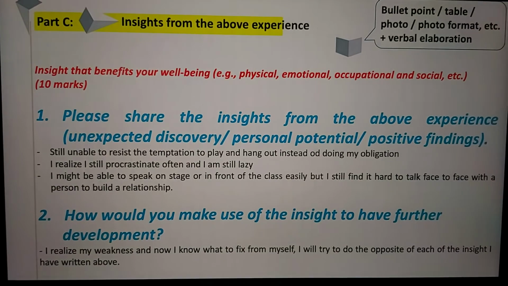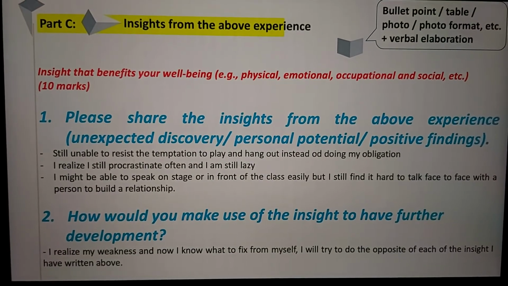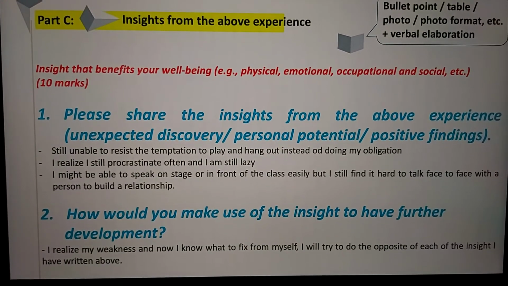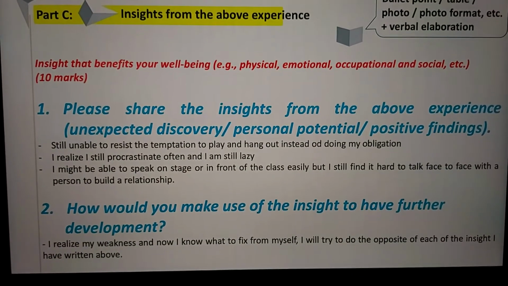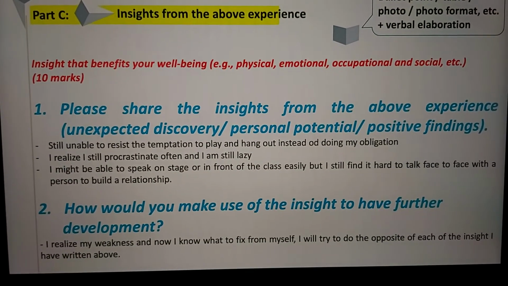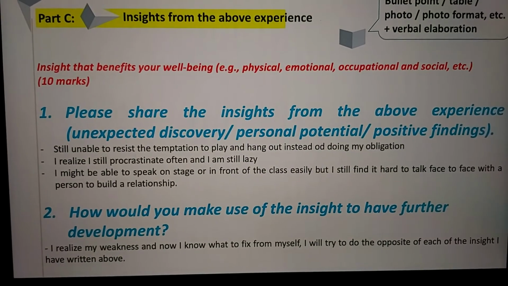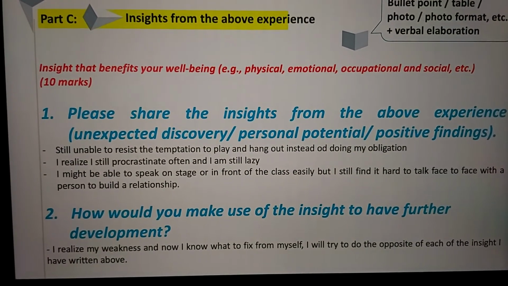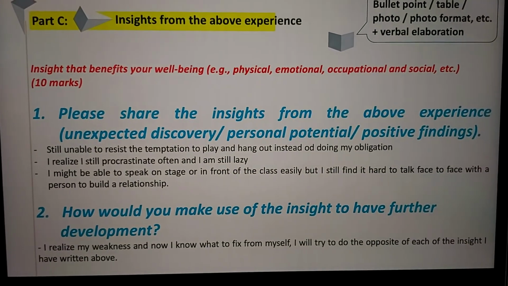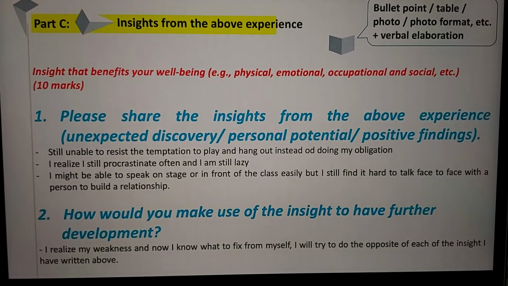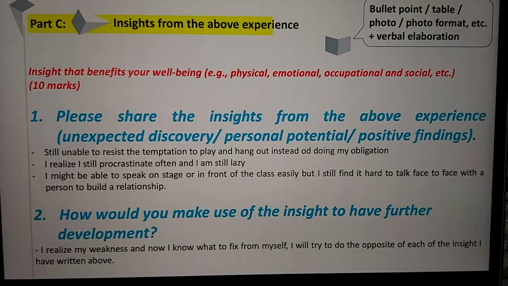I will use the insight here for my development. Now that I know my weakness, I will fix myself. The weaknesses I'm talking about are being unable to resist temptation, still procrastinating, being lazy, and still being unable to talk face to face with a person to build a relationship.